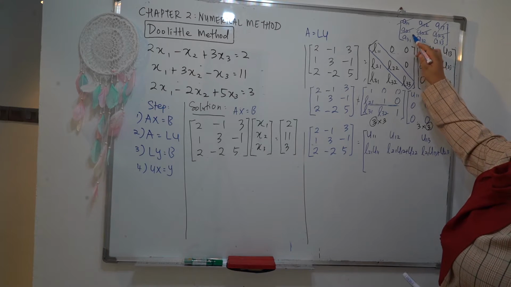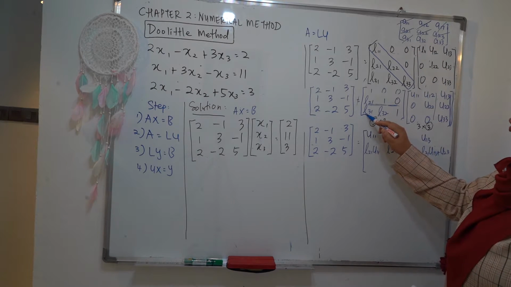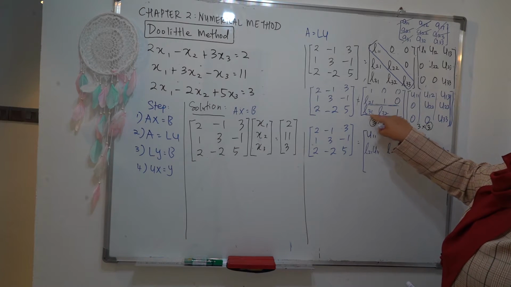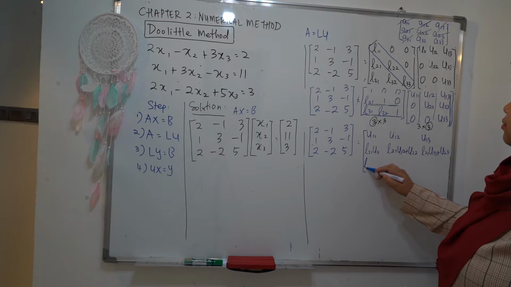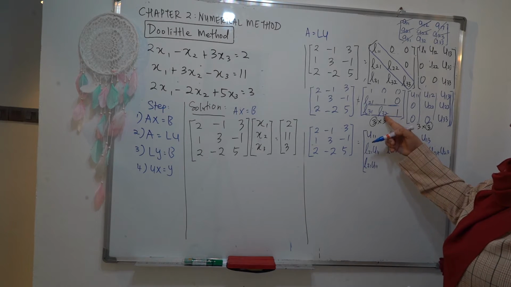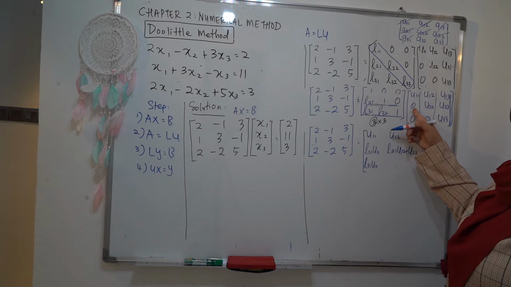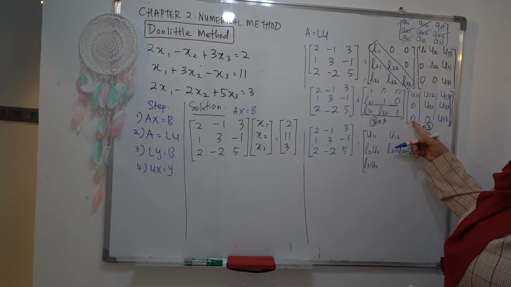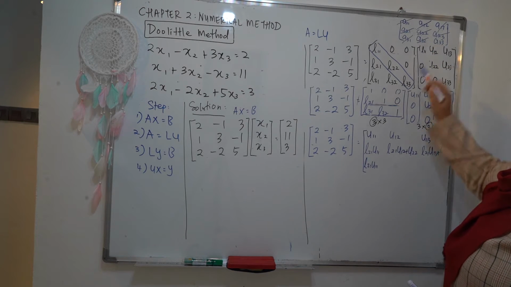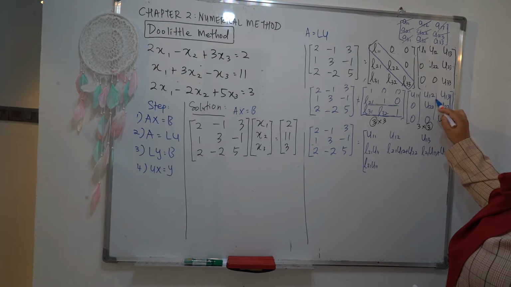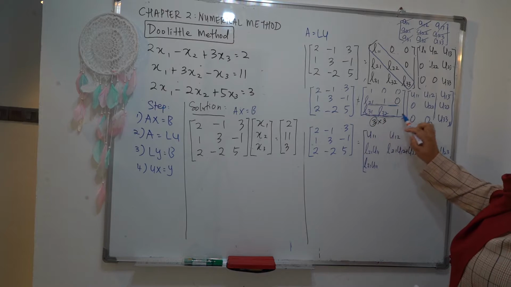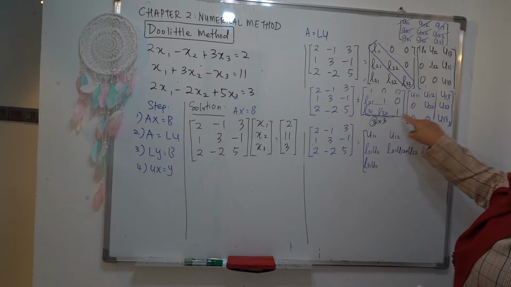Okay, the last row. A31 means row 3, column 1. So L31 U11, plus L32 times 0 is 0, plus 1 times 0 is 0. The next one is A32, row 3, column 2. So I just focus here, row 3, column 2.